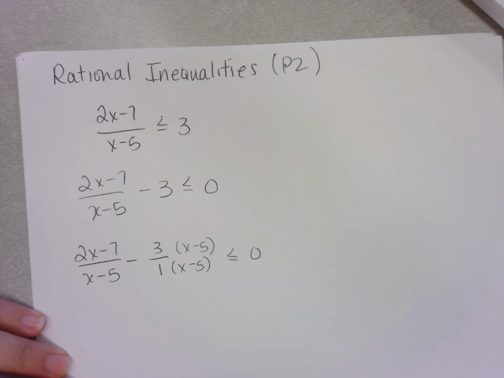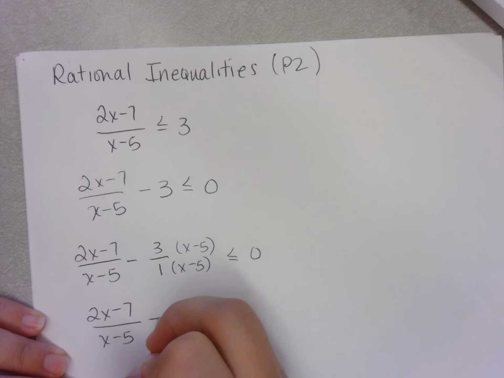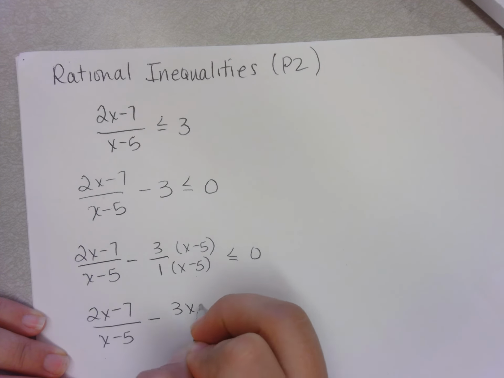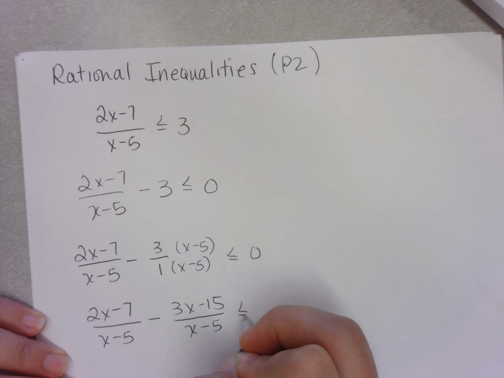My end game here is to make one fraction on the left. So I have (2x minus 7) over (x minus 5), minus (3x minus 15) over (x minus 5), is less than or equal to 0.